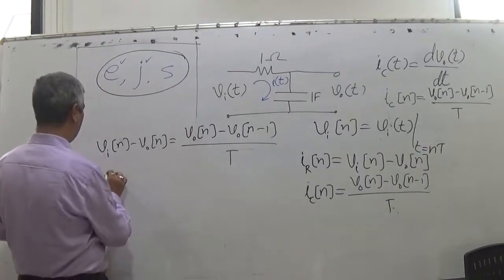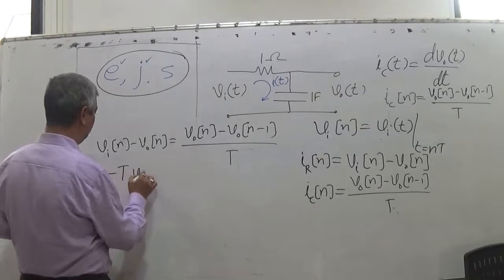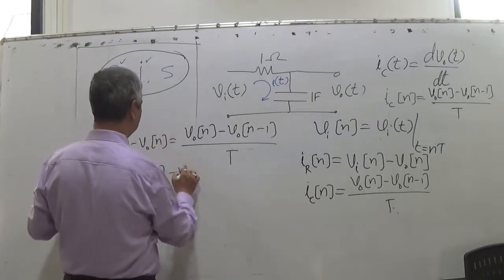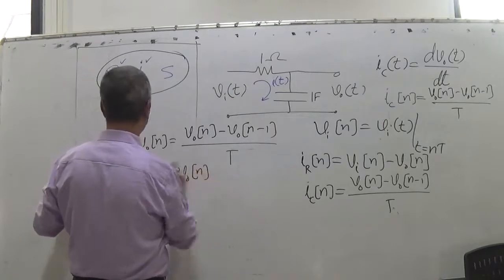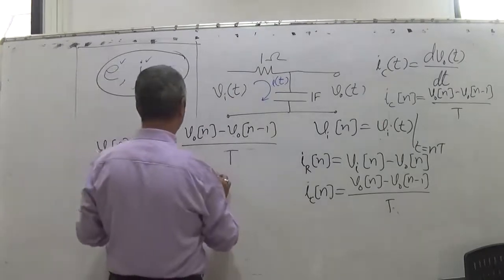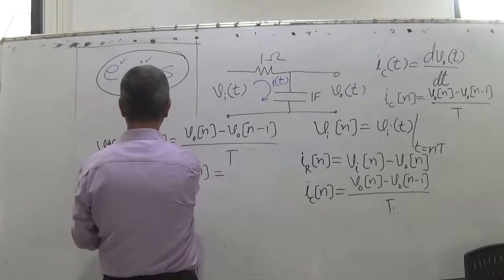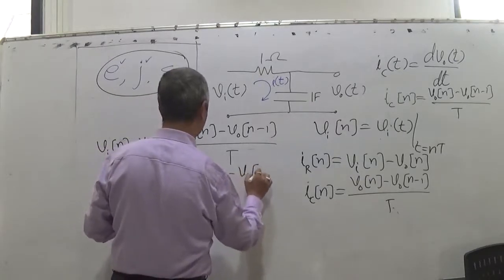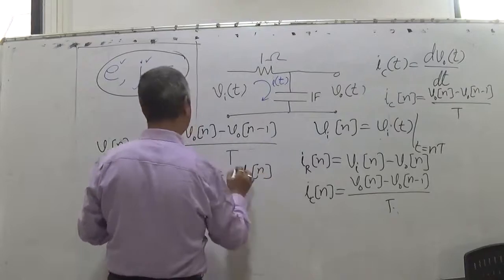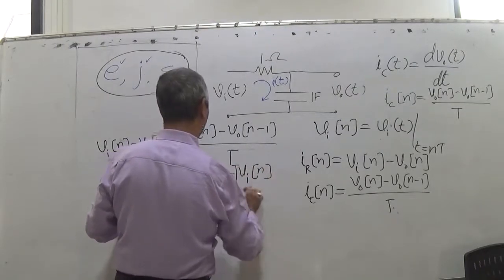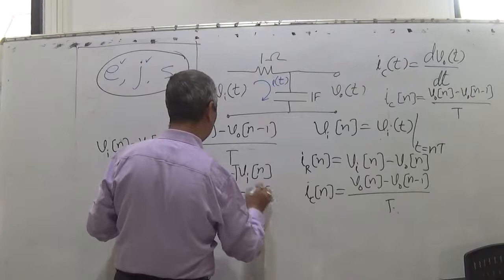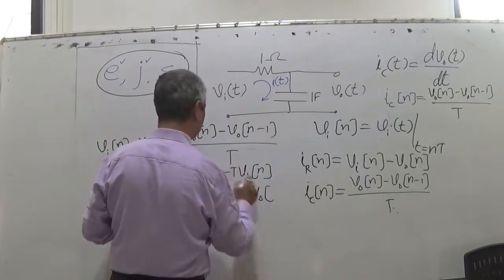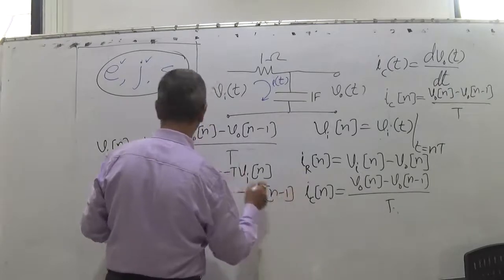So minus T Vo[n] comes on this side, minus Vo[n] goes on the other side, is equal to minus T Vin[n] minus Vo[n minus 1].